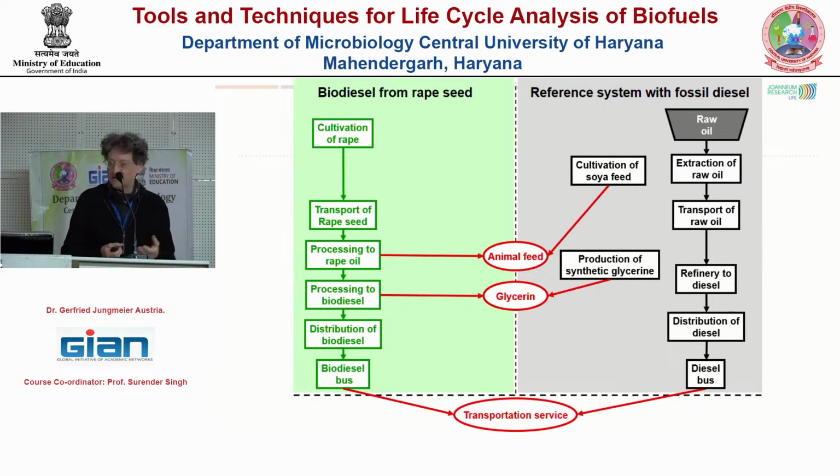Secondly, the animal feed. It avoids the cultivation of another animal feed. In that case, we've taken the cultivation avoided from soy feed production, which is quite relevant for the Austrian and European situation because we are importing very much soy feed, mainly from South America, to Europe.